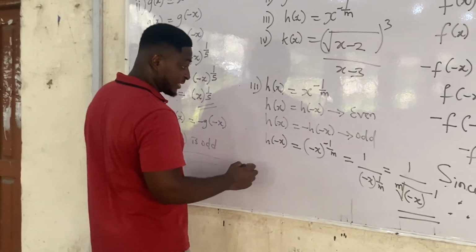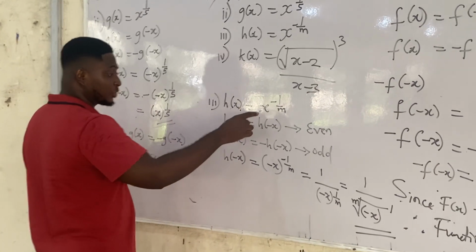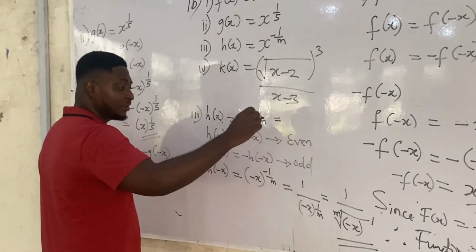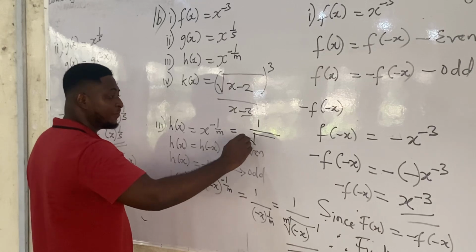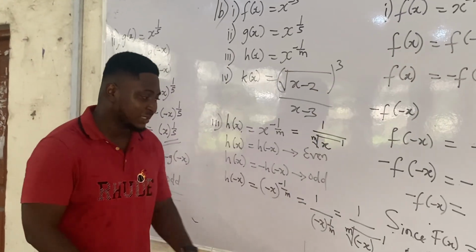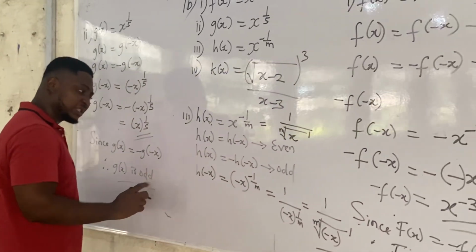This is h of minus x, and it's clearly not the same as h of x. If I break h of x down, it's going to eventually give me 1 all over the m root of x raised to power 1. But this m root of x and this m root of minus x are not the same. So the function is clearly not even.